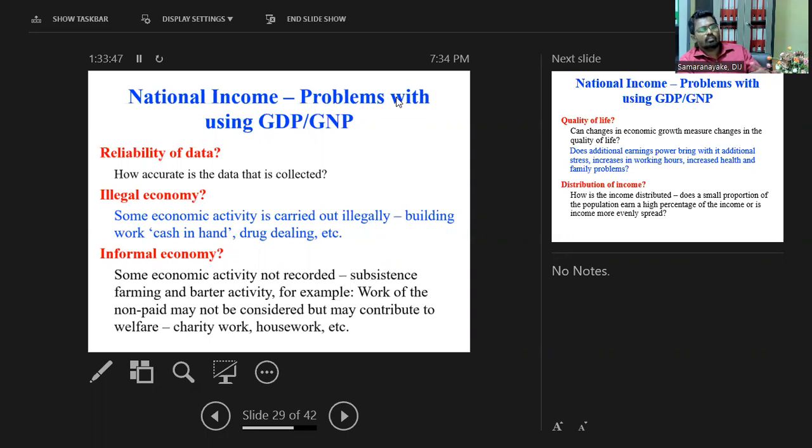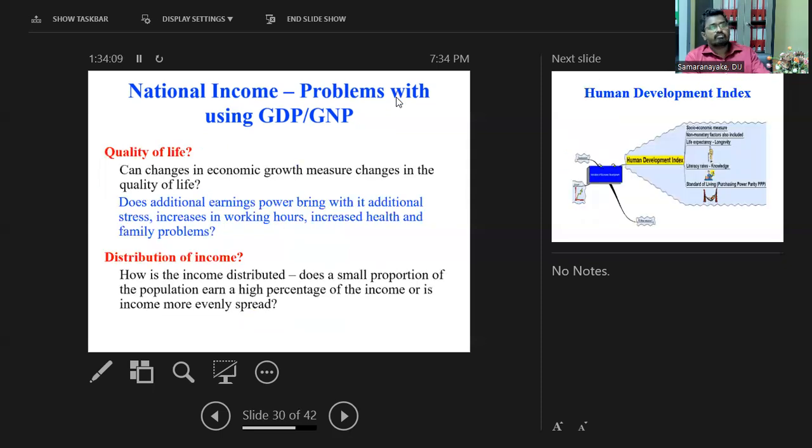These things are not usually accounted for. We'll discuss more about these matters in a separate topic later. We know the shadow economy is also around 40% of our GDP, but it is not accounted in our production. So we are not accounting for it. And also think of quality of life.